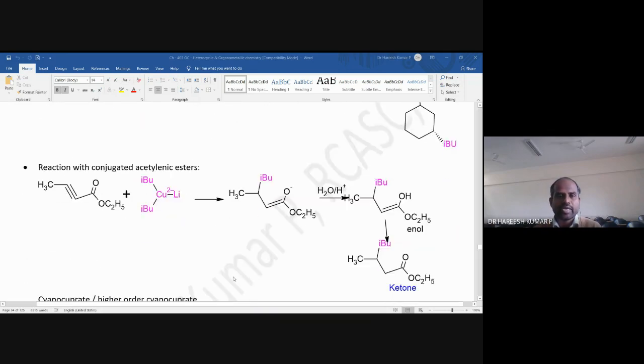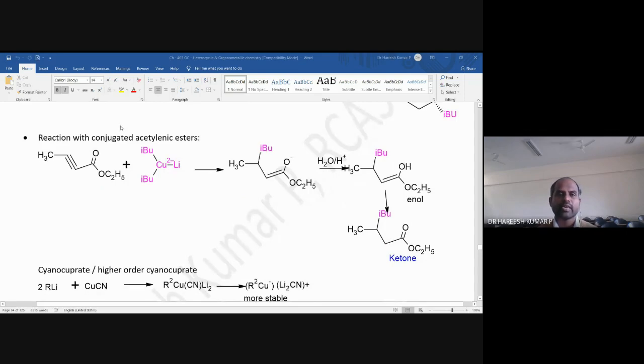So here I am taking the reaction with conjugated acetylenic esters. So here a triple bond is there, and also it's an ester. What will happen here, as usual? Here also something is left over.